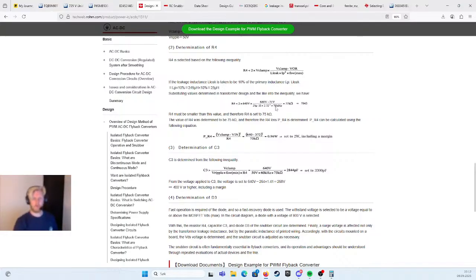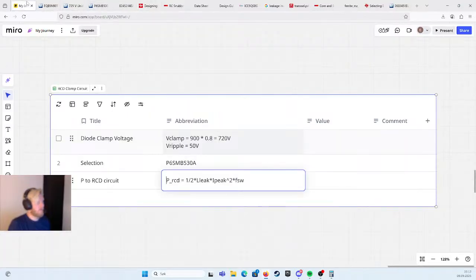We know the switching frequency and the peak current, and we also selected a reflected voltage, VOR or VR. But yeah, I'm glad we started this.